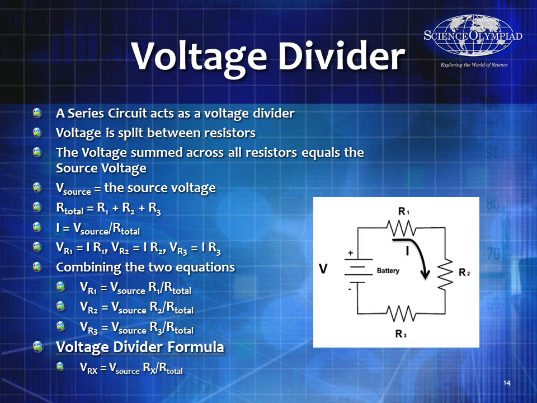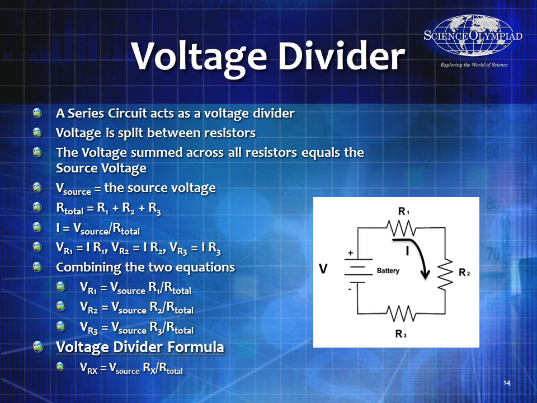If we combine those two equations to solve for the voltage as a function of this source voltage and the resistances, we don't even need the current. I can say that each of these voltages is equal to the overall source voltage times the amount of resistance that I'm looking at, so in this case R1, divided by R total.